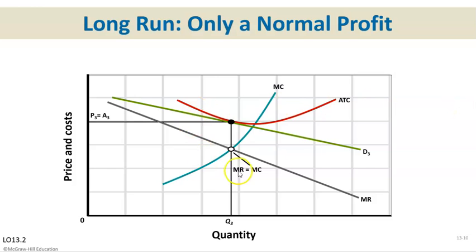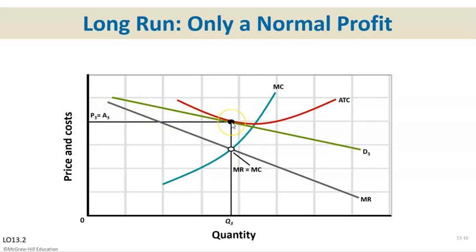And this is what we're seeing in the graph right here. So as we determine their profit maximizing position, we look for marginal revenue equals marginal cost, which is right here. Move up to the demand curve to find the price. And now let's see what happened to the profit. Well, at this point right here, notice they're touching the average total cost curve, which means the price and the average total cost are equal to each other.